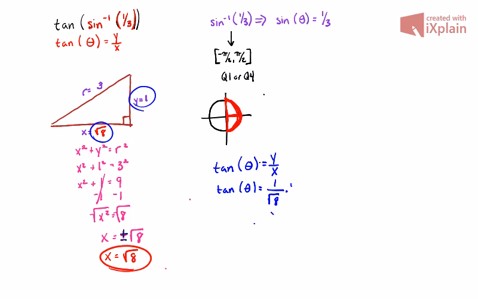I'm going to rationalize my denominator to clean this up. This is going to give me root 8 over 8. And here is where I want to clean up my radical. Cleaning up that radical will give me 2 root 2 over 8. I can reduce these outside numbers, so that's going to give me root 2 over 4. There is my final solution. The tangent of the inverse sine of 1/3 is equal to root 2 over 4.